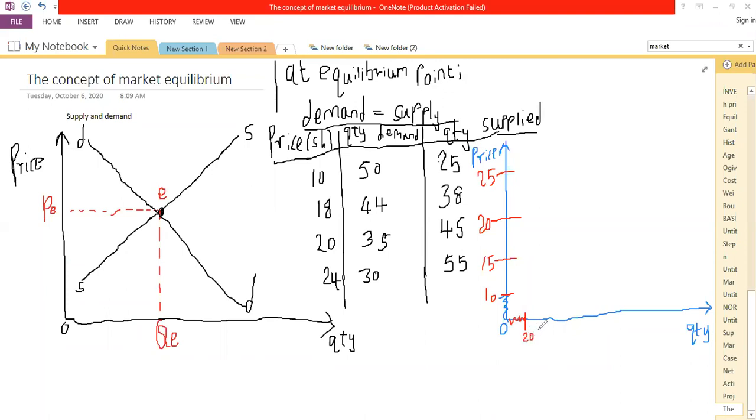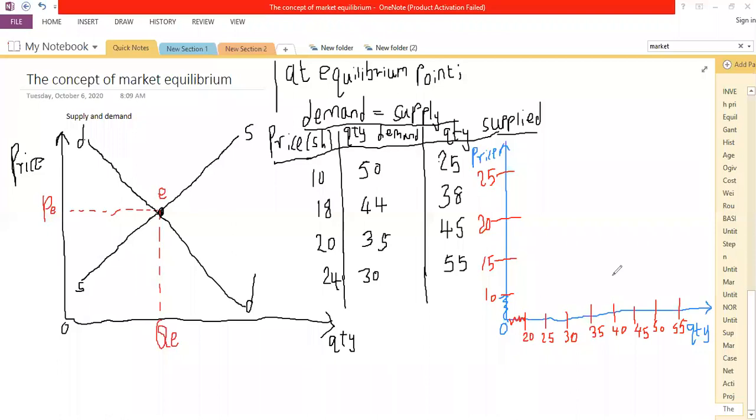I'll start at 20, maybe 25, 30, 35, the highest is 55, which you can have as we mark the end of our scale there, accommodating all the quantities that we have in our data.